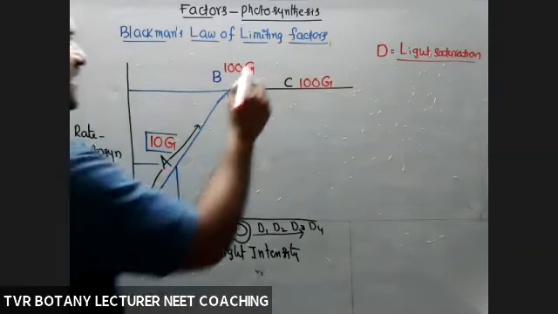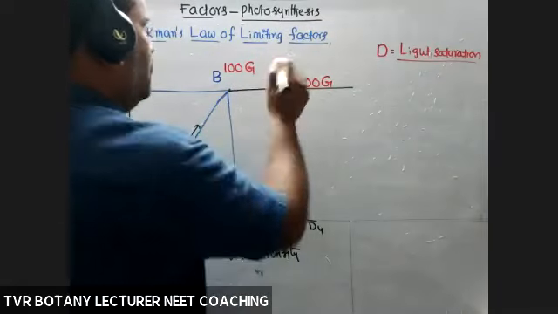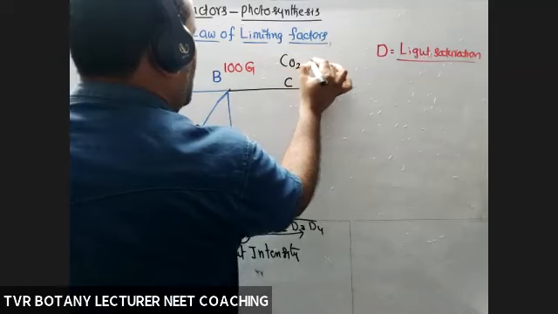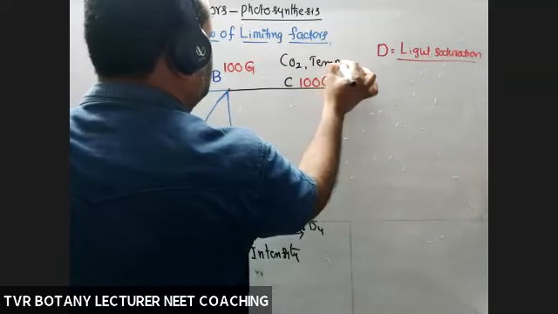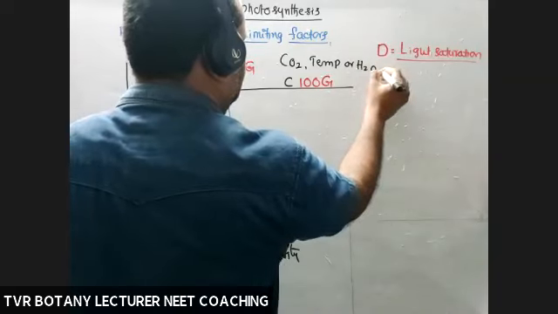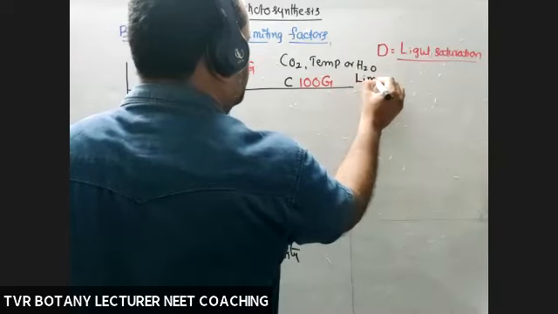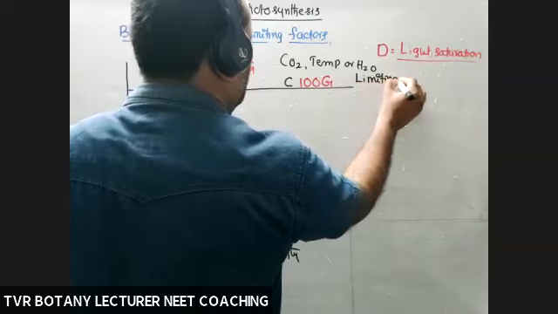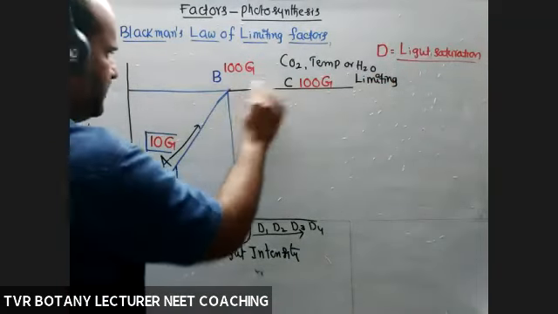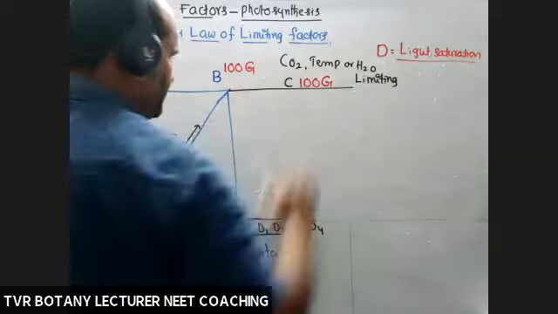Reason here, some other factor. What are some other factors? Maybe CO2 or temperature or H2O or leaf. They are the limiting factors. If you observe the graph from D to C, what about the line? Straight line.